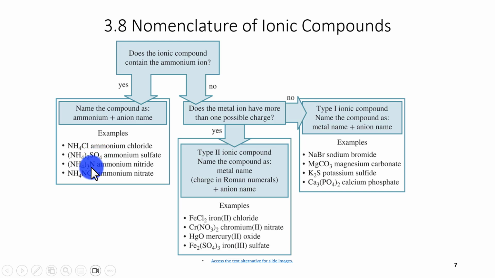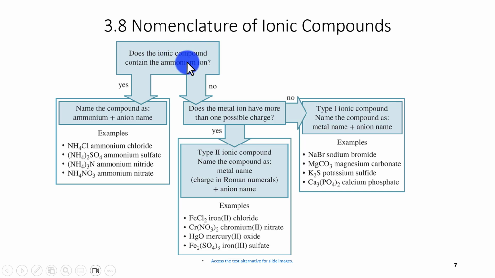Note that if you have a polyatomic ion like NO3 and SO4, those are the names you can get from the table. But if it's a single atom anion, like Cl- or N3-, then those you will figure out from the name of the element, truncated with the -ide ending.